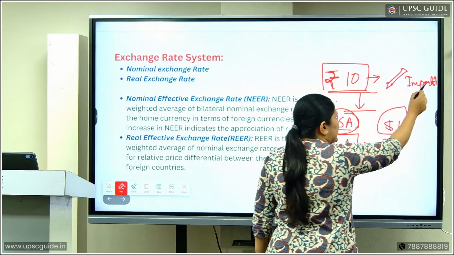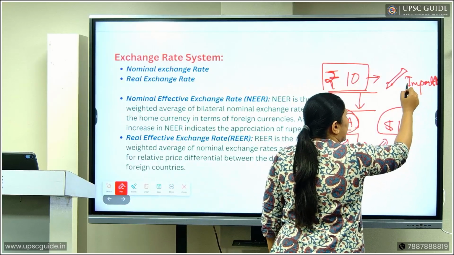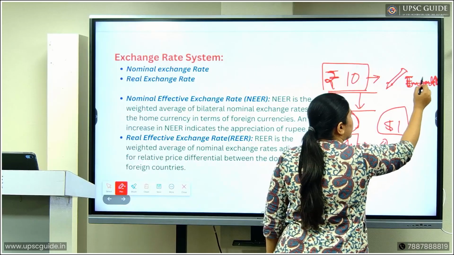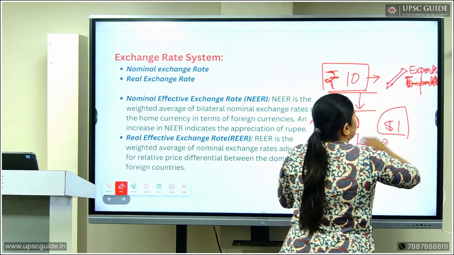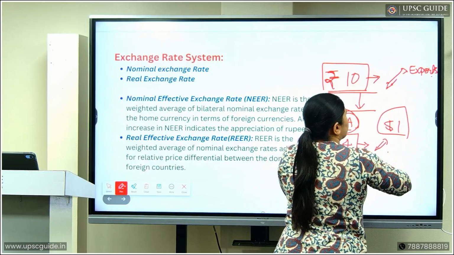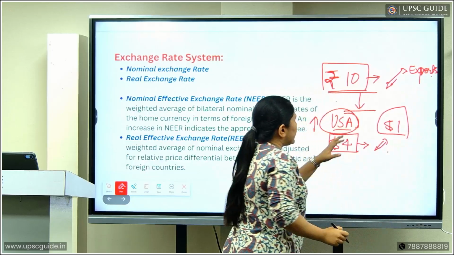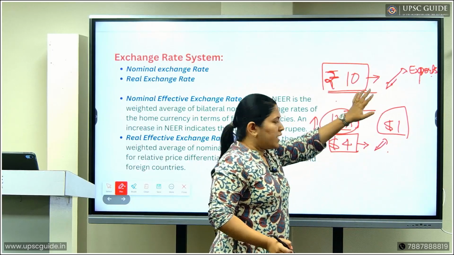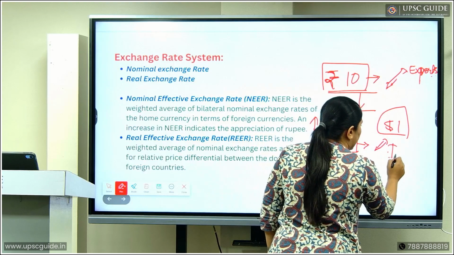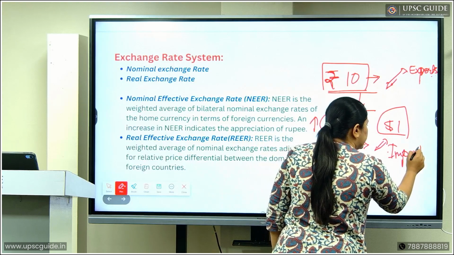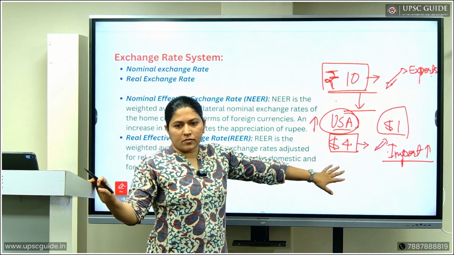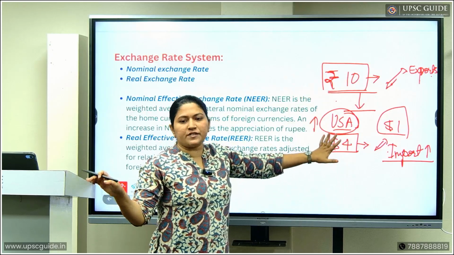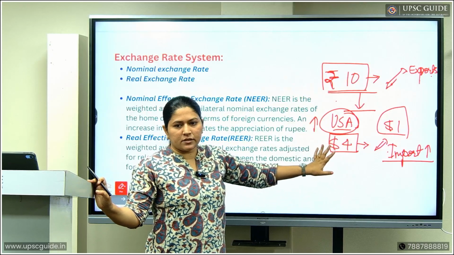Because we are having higher exports, not imports. Don't get confused, I'm sorry. We are at higher exports and USA is at higher imports, that too at a profitable margin. Now this is the positive side of the exchange rate.